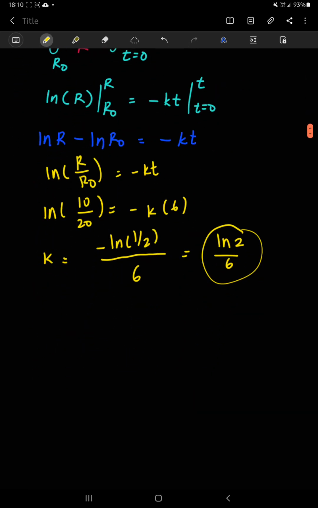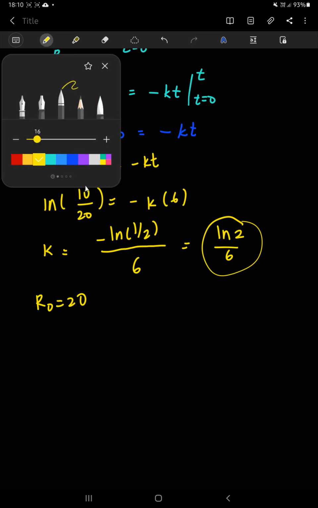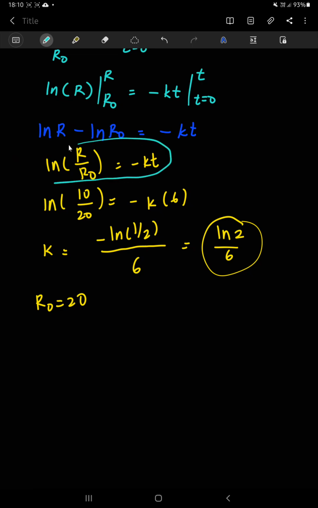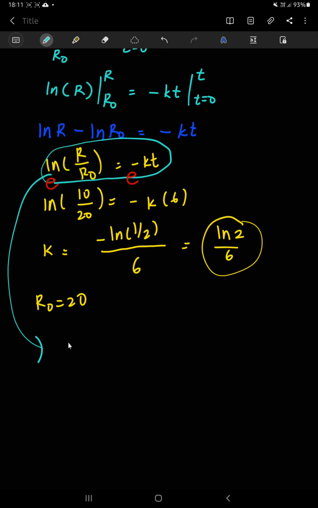Because we already know the value of k and that R0 is 20, we can raise e to both sides. To be more convenient, I just raise by e. Then the e and the ln will cancel, so we have R over R0 equals e to the minus kt.